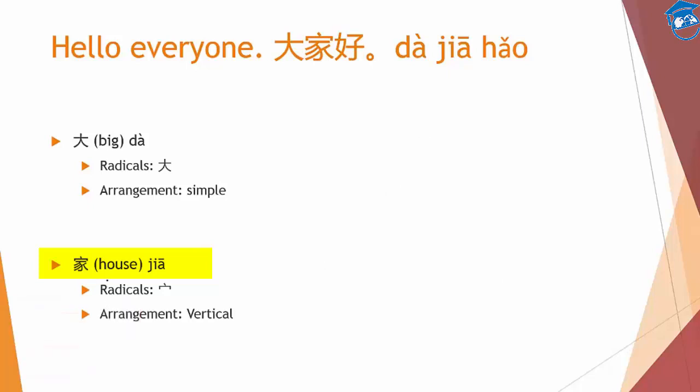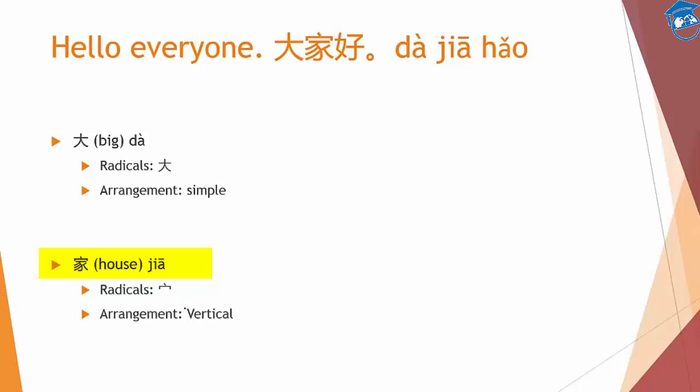The next word is 家. Okay, as a single word, it is house. We'll use more of this word later. And then this is the pinyin. And the radical is what is on top of it. So this radical is usually used when it's like you have a roof. This is quite a common radical, and you'll see more of it in the future.